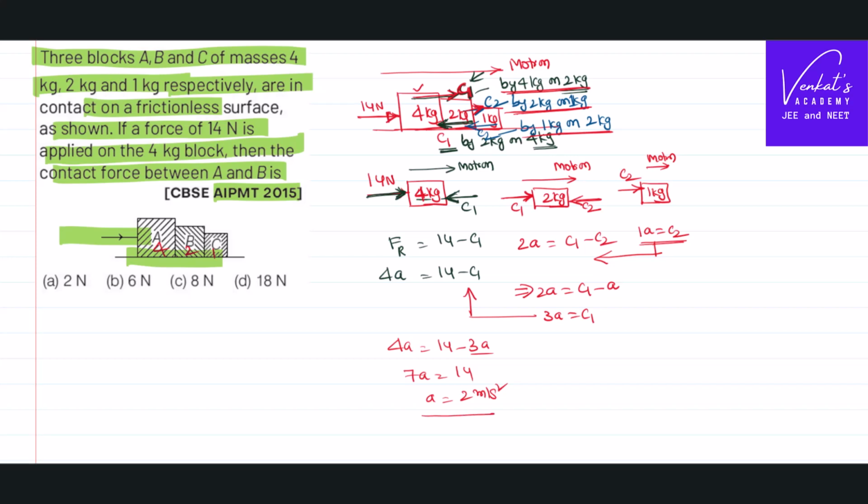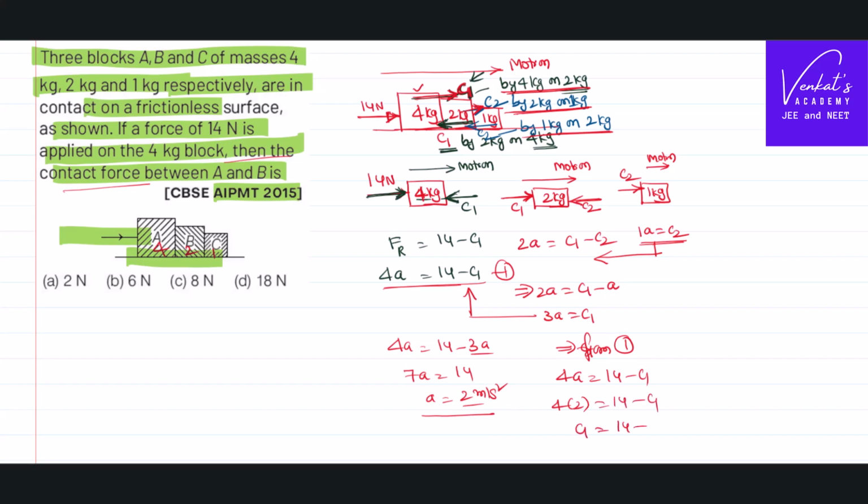But he is not asking for the acceleration, but the contact force between A and B. Between A and B, the contact force is C1. That is his question. To get C1, you can use any of these equations. Say, for example, from equation number 1, 4A equals 14 minus C1. 4 into A, which you found as 2, equals 14 minus C1.